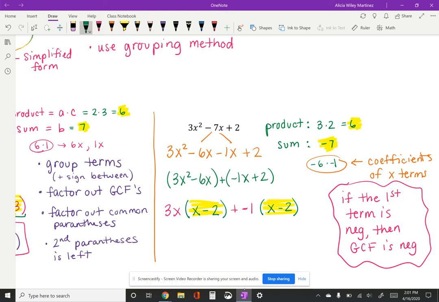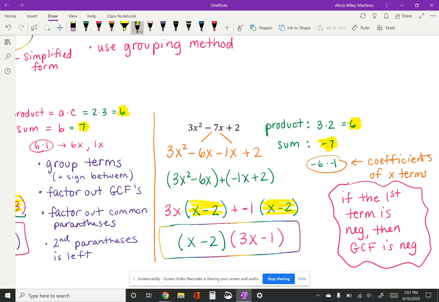That's what they have in common. So I'm going to take that out. And then what you have left is the 3x. I'm not going to write it as plus -1 because plus a -1 is just -1. So make sure you write that in that simplified form. And you can see here that this is my answer.